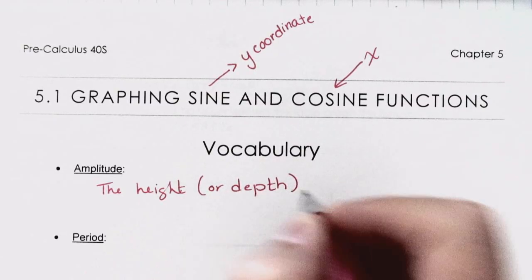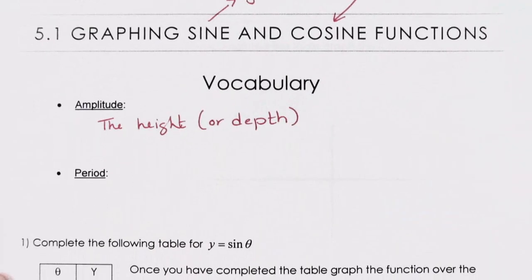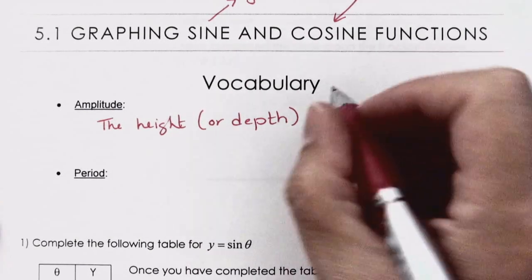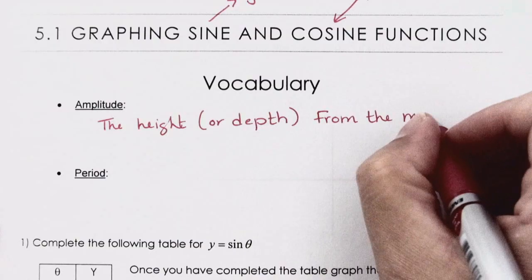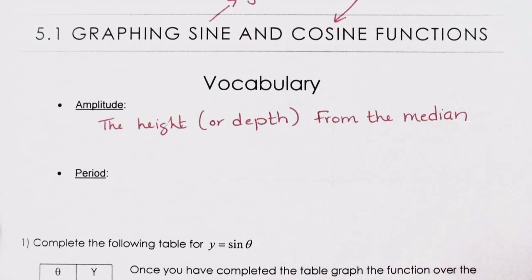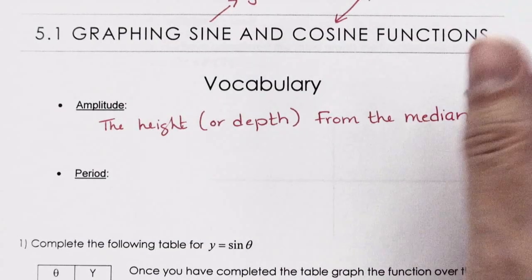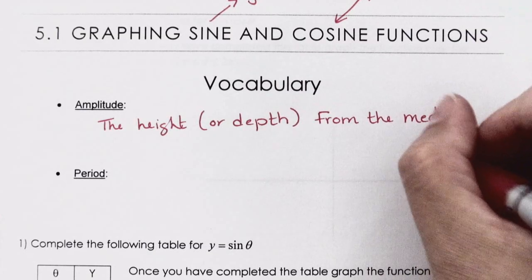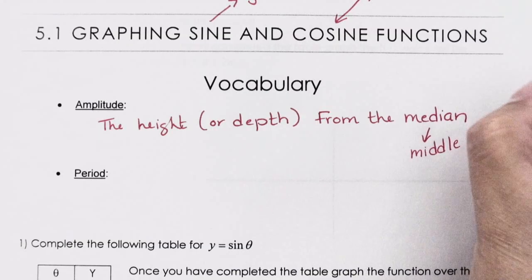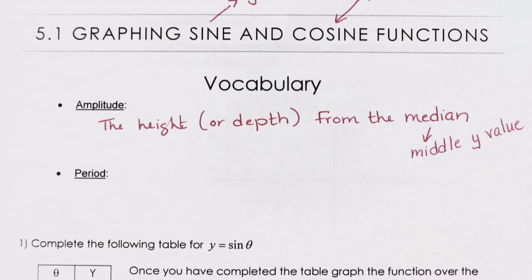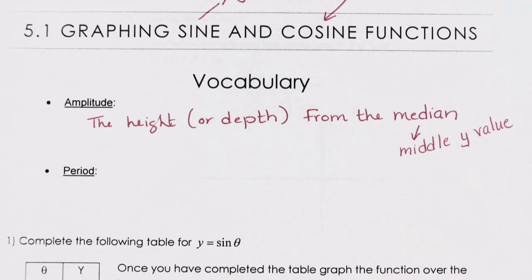So if you've done physics, this is not going to be a shocker to you. It's the height or the depth from the median. What do you guys call it, a trough, like the bottom? Yeah. Okay. All right.